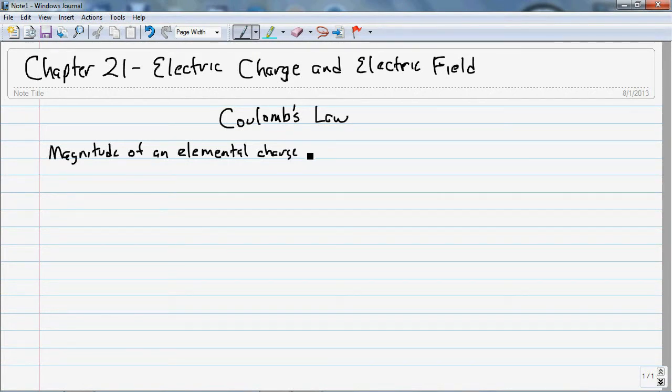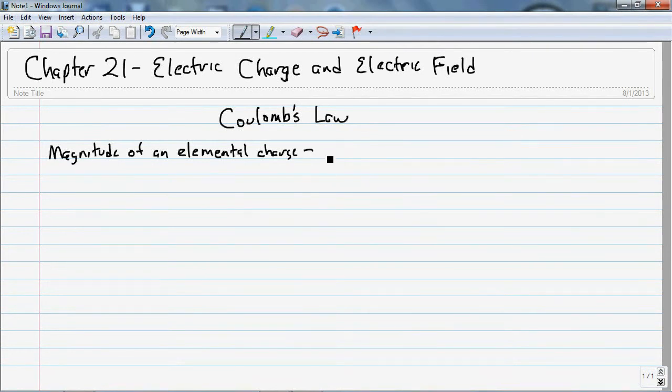So there's a certain amount of elemental charge, either a positive charge or a negative charge, electron or proton, and you can't get any smaller and you can't have anything in between, so they're basically little units.